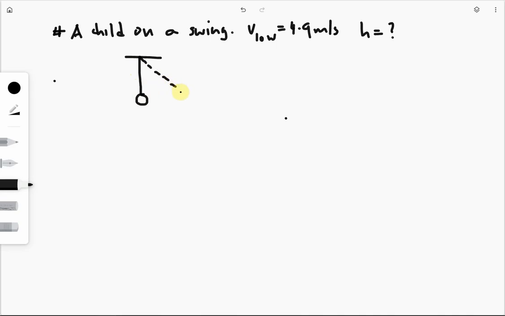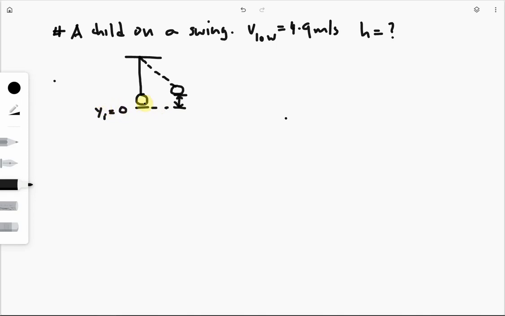All right. That's her final position, and we want to find how high this is from her original position. Let's say this is her original position. Maybe it's a little off, but it'll have to do. Let's call this y equals 0.